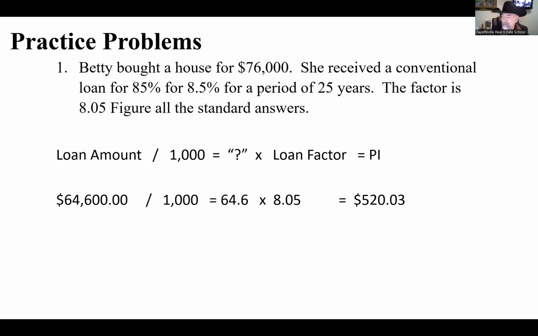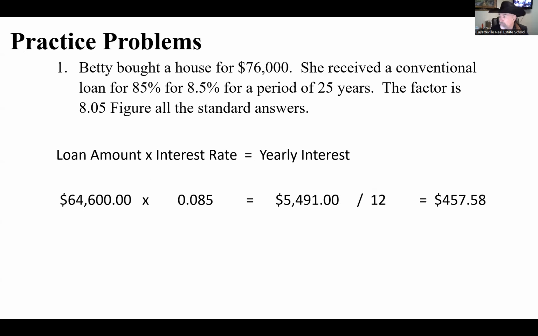All right, now we need to compute how much of that payment is interest. Again, the formula is loan amount times the interest rate, 8.5%, which is 0.085.